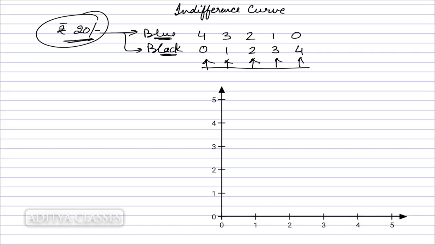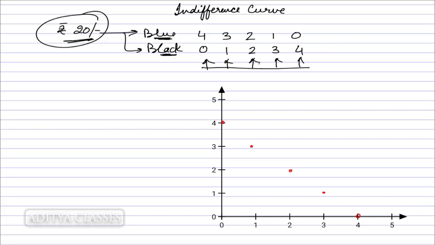We have a 4 and 0, then a 3 and 1, then a 2 and 2, then a 1 and 3, and lastly we have a 0 and 4. This would be the indifference curve.